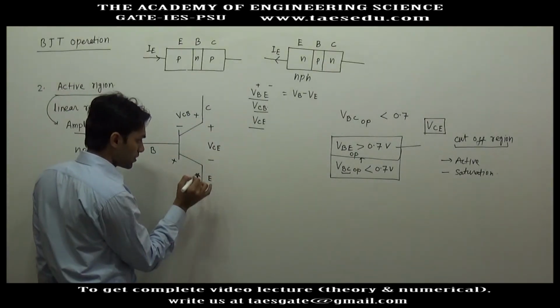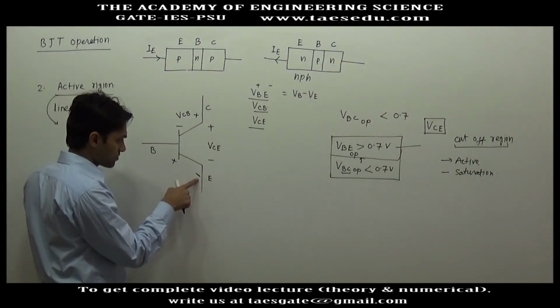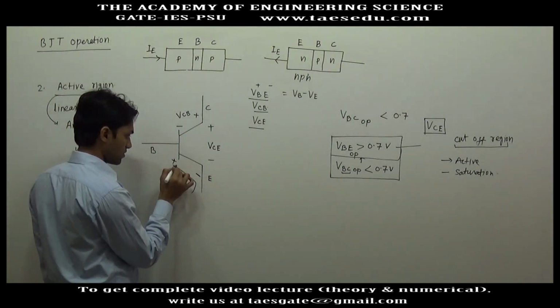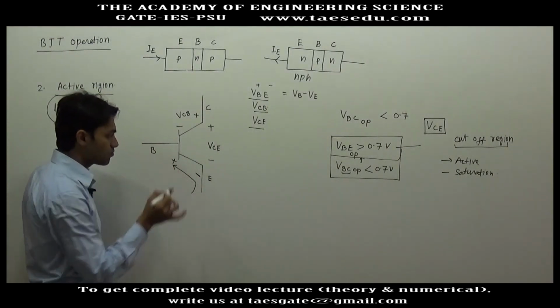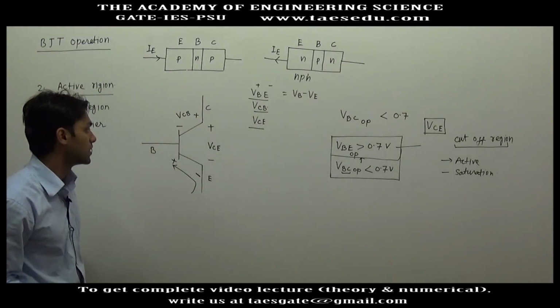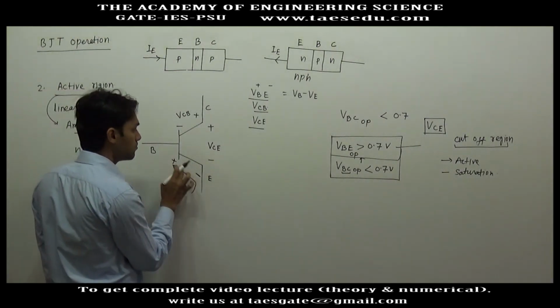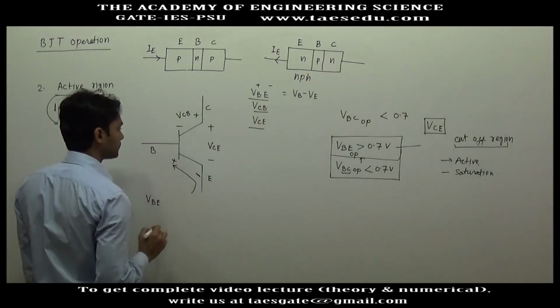If we apply KVL and move from emitter to base, we are moving from negative polarity to positive polarity, so we have a gain of VBE, written as positive.